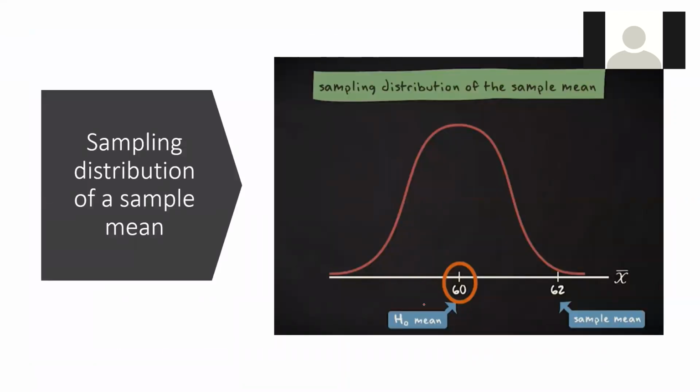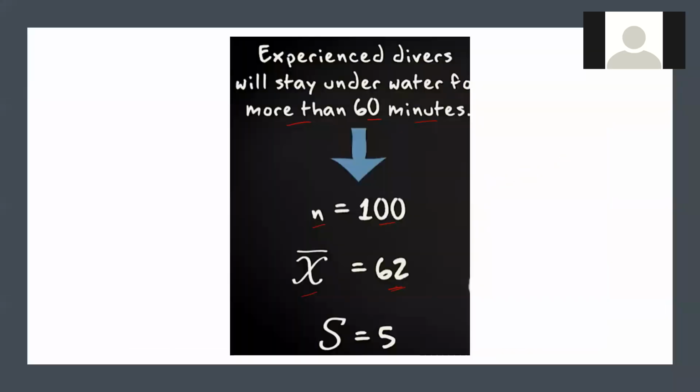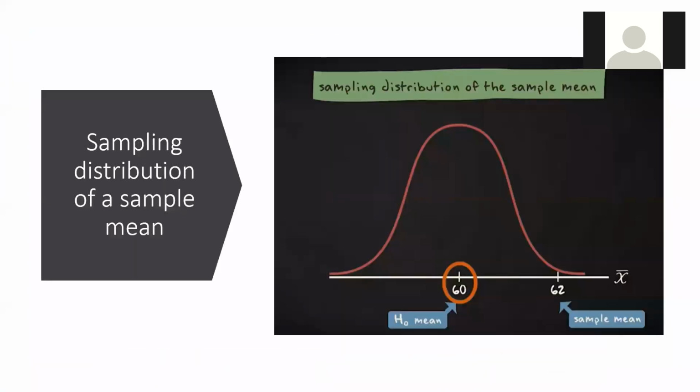So again, your null hypothesis will be in the center point, 60, and your sample mean is 62 here. You can see the sample mean is given in the question as 62. So 62 will be somewhere here. Again, this is a one-tailed test.